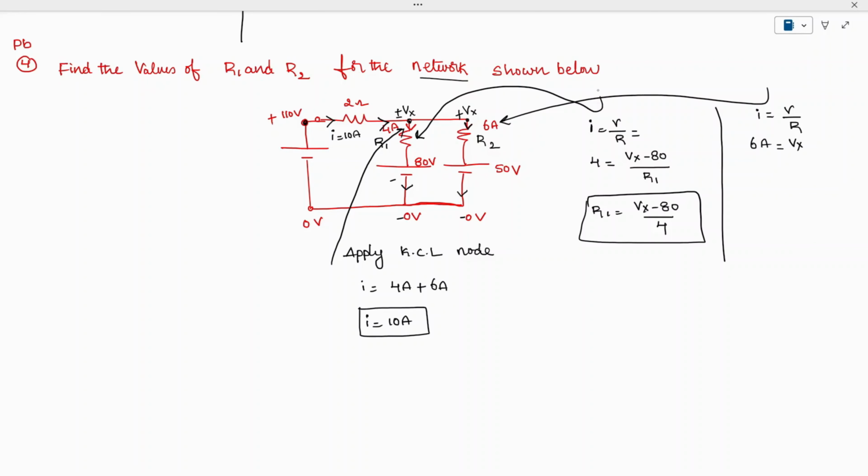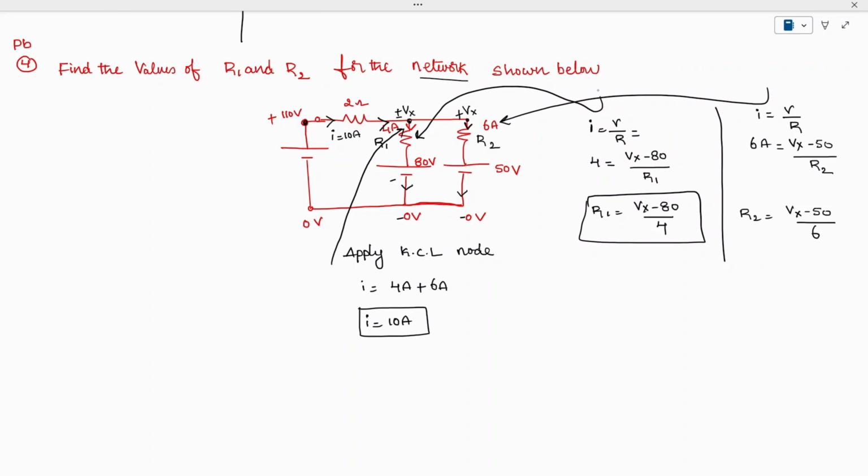The leaving terminal is minus 50, divided by the resistance of this branch, which is R2. Therefore the value of R2 is equal to (Vx minus 50) divided by 6.